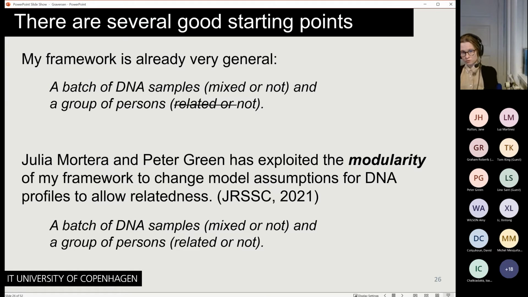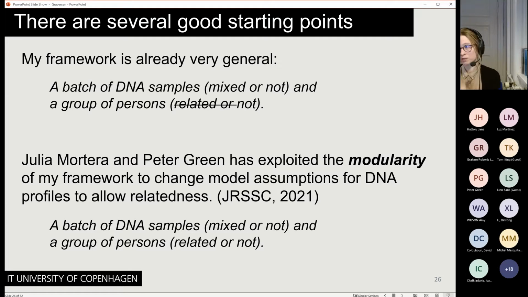Julia Mortera and Peter Green, I think you're here today, exploited the modularity of the framework. In the model specification, the component of the model that specifies DNA profile distributions, we can take that out and swap it for a more general distribution that then allows relatedness.